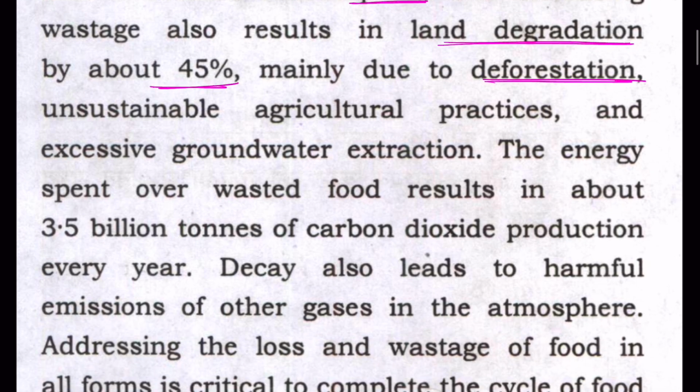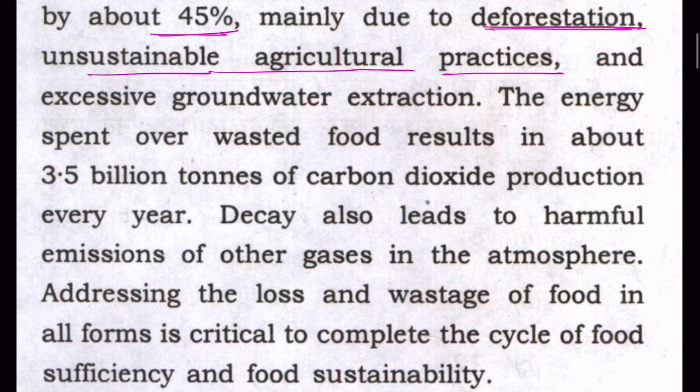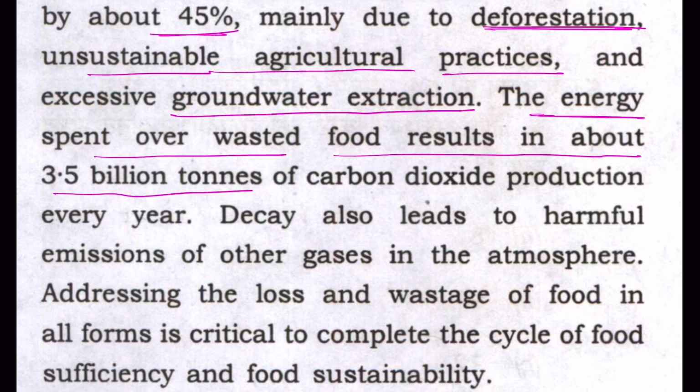It also talks about deforestation, unsustainable agriculture practices, and excessive groundwater extraction. So basically it is talking about the ill effects of the practices that we carry out for agriculture, right? Whatever practices we carry out for food production are against nature. The energy spent over wasted food results in about 3.5 billion tons of CO2 production every year.